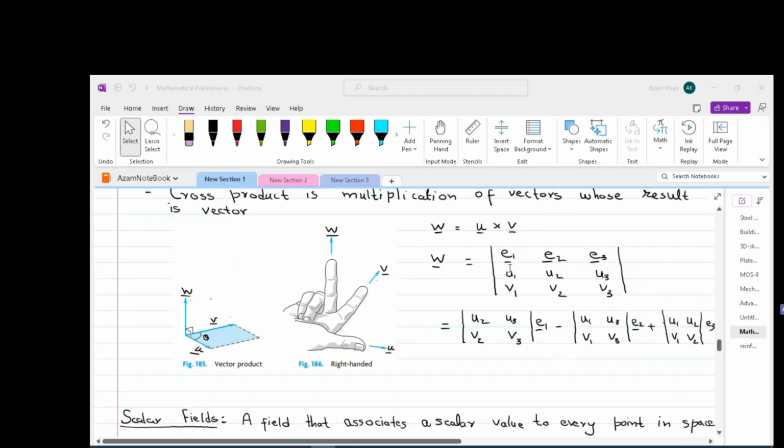If we open it up, we will have e1 times, crossing out the corresponding row and column of e1, the 2 by 2 determinant u2, u3, v2, v3, then minus the second unit vector e2 times the 2 by 2 determinant, crossing out this time the row and column corresponding to e2. So we are left with u1, v1, u3, v3. And similarly, in the case of e3, again crossing out the row and column corresponding to e3, we are left with u1, u2, v1, v2.